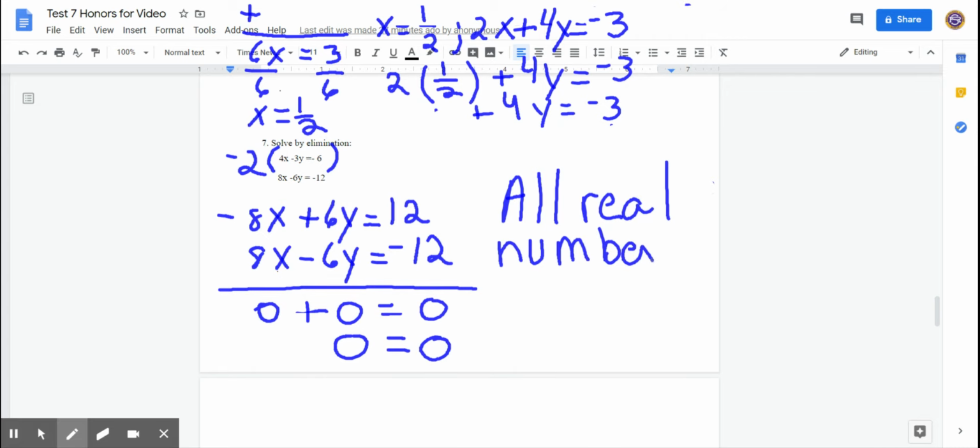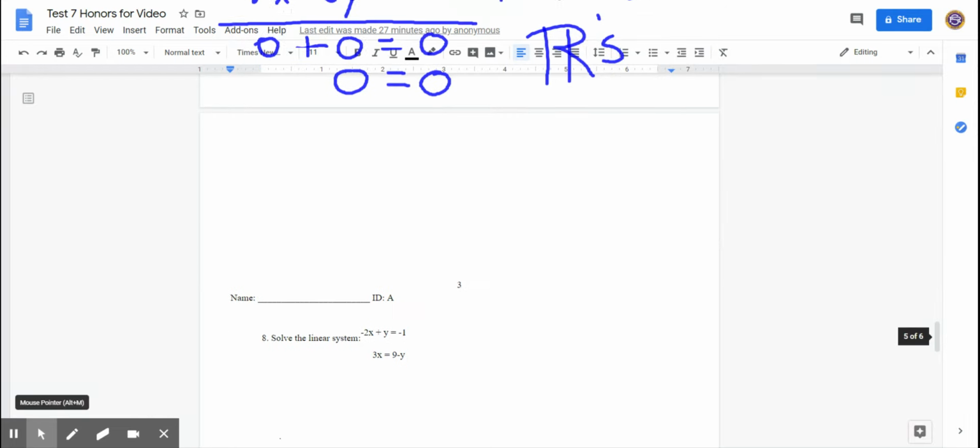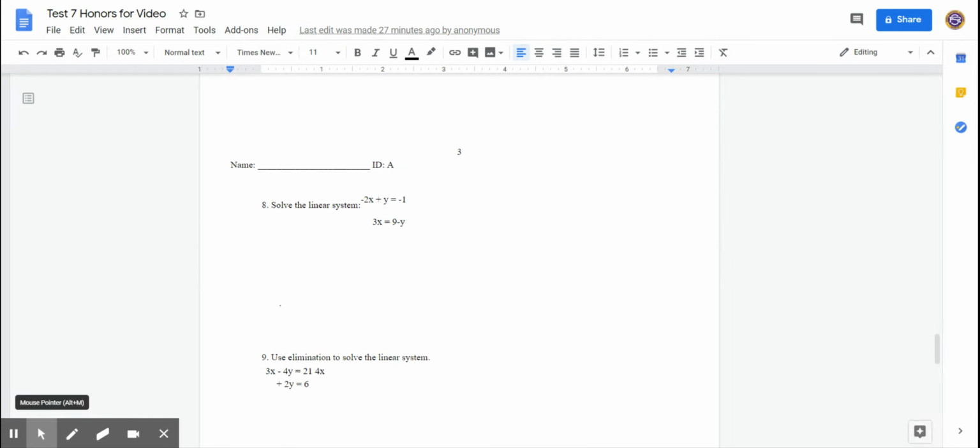Well, you know the symbol for all real numbers is the funny looking R. I hope everyone is seeing this now and it's becoming clearer for those of you who had some trouble with it.